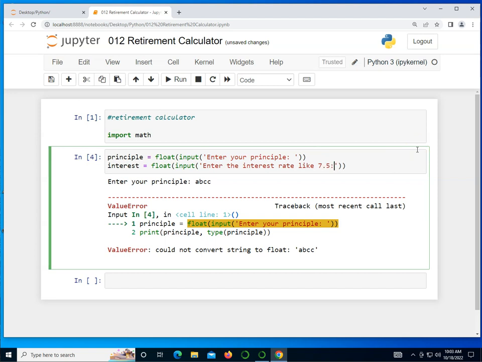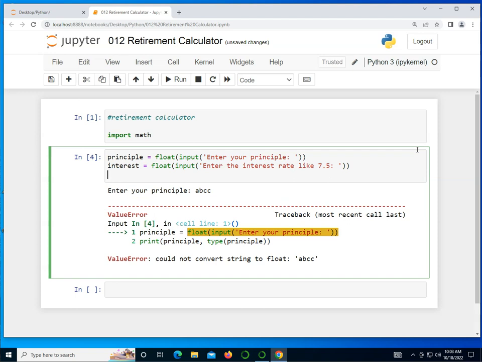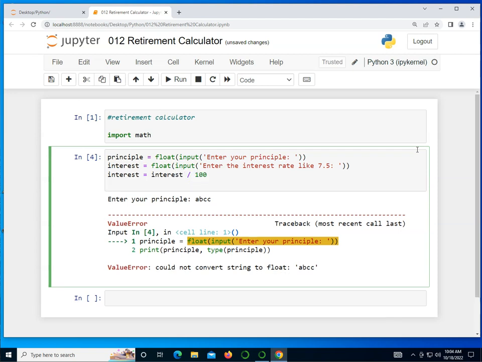Give them an idea. Now keep in mind that when they type that in, 7.5% is really treated as 0.075. So what we really need to do is to take the interest and set it equal to the interest divided by 100. So let's do that right here.